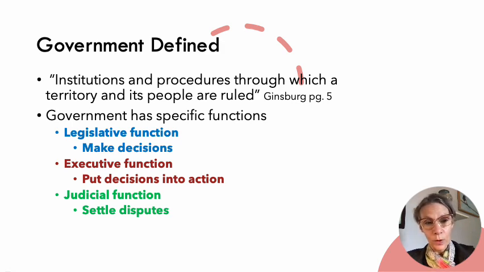Sometimes there are questions about the constitutionality of the way those decisions are put into action. And so the judiciary is there to define what the law is, to give insight into that legislative function, but also to decide and settle disputes that arise over these powers of government.